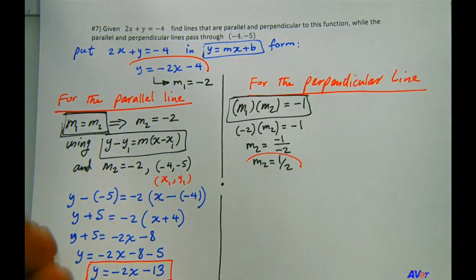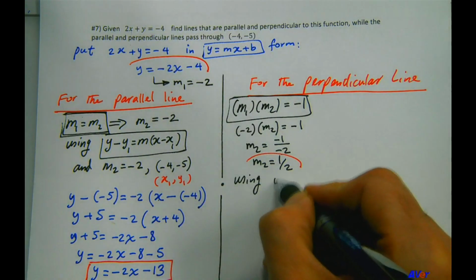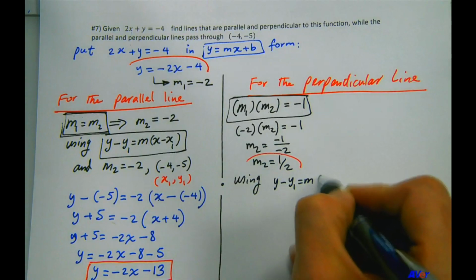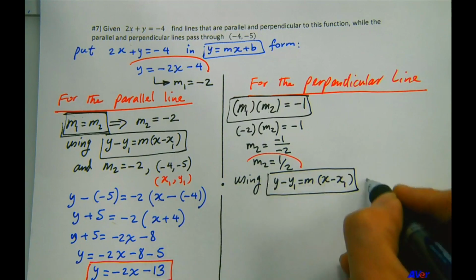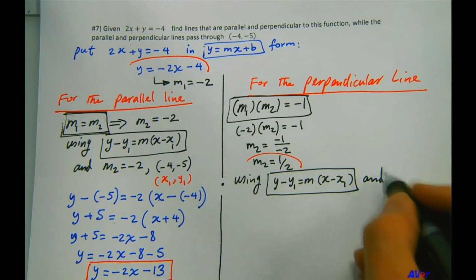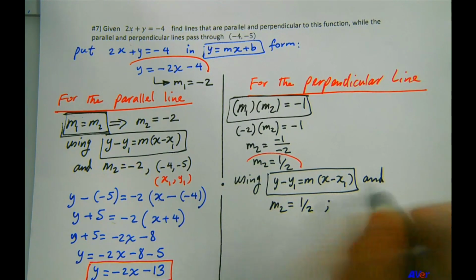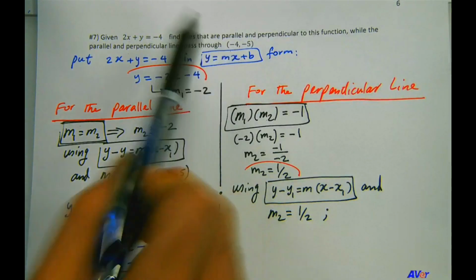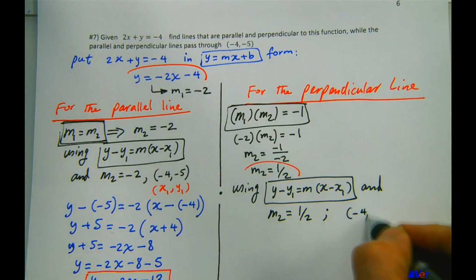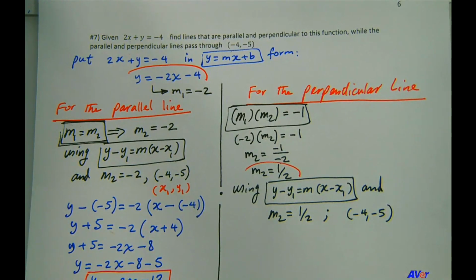So now using y minus y1 equals m times x minus x1, and m2 equals 1/2, and the fact that the perpendicular line goes through this point, let's find the equation of the perpendicular line.